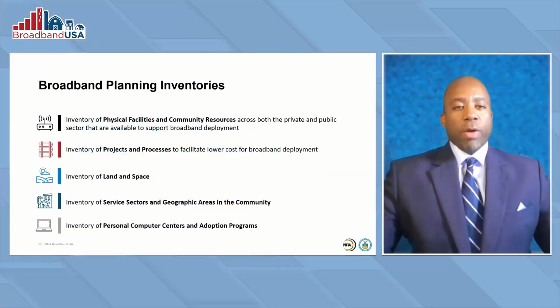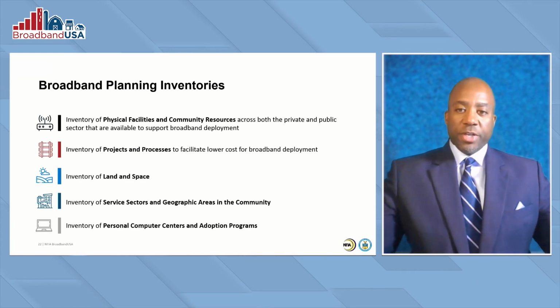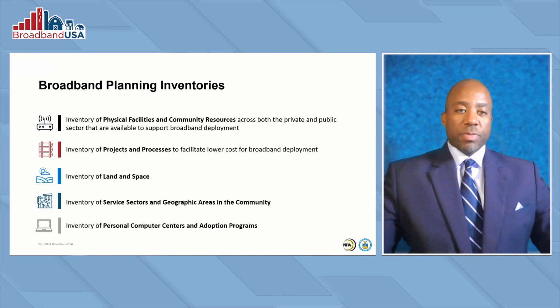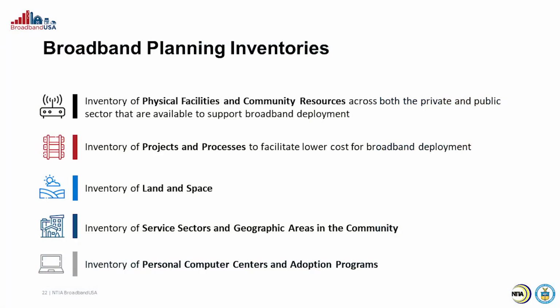So let's talk about broadband planning inventories, right? There are a number of different ones that you can conduct. For the students, this is part of the work that you'll be doing with Mr. Burns in the community, but you're going to conduct an inventory of physical facilities and community resources. You're going to conduct an inventory of projects and processes that facilitate lower costs for broadband deployment.